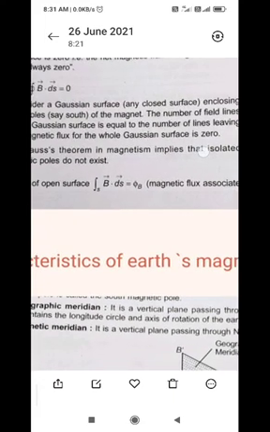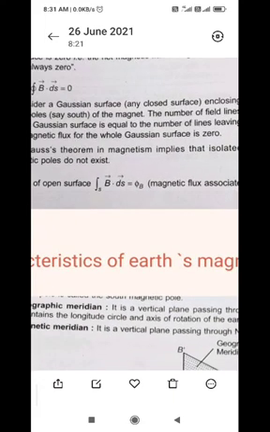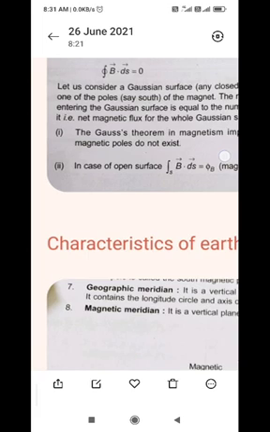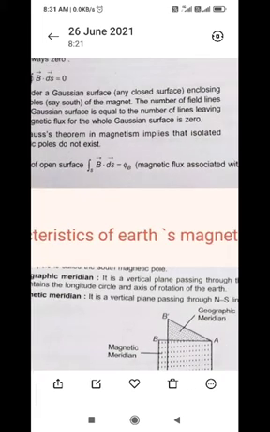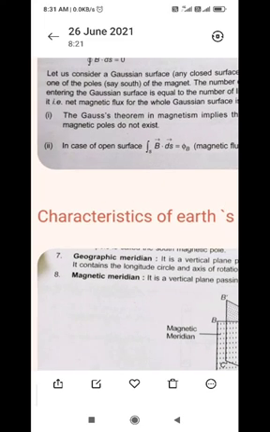So the total magnetic flux is zero. Gauss' theorem implies that no isolated poles can exist. And if the surface is open, then B dot ds is equal to phi B, that is the magnetic flux.